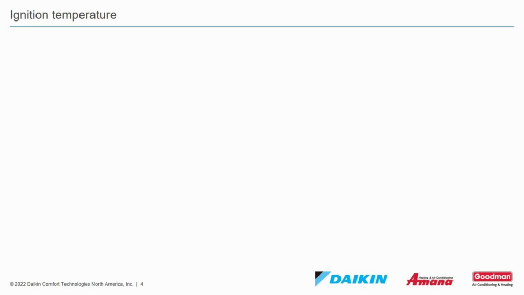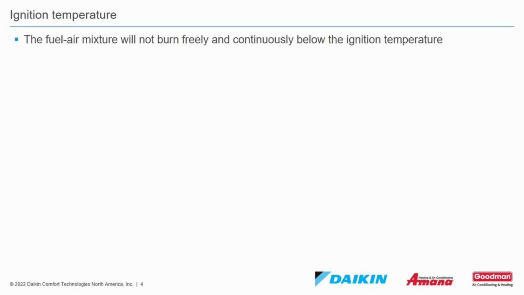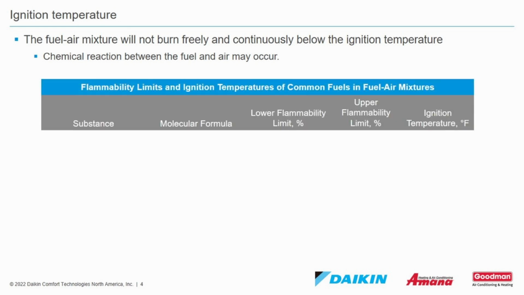Ignition temperature. The fuel-air mixture will not burn freely and continuously below the ignition temperature. Chemical reaction between the fuel and air may occur. Here are a few flammability limits and ignition temperatures of common fuels in fuel-air mixtures.